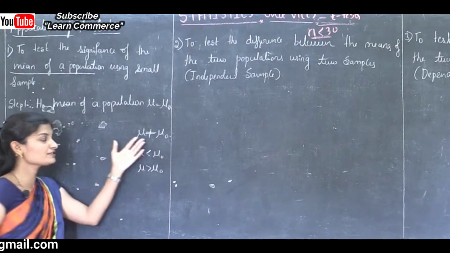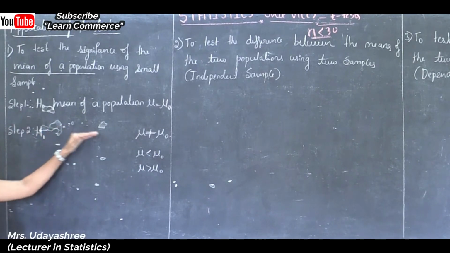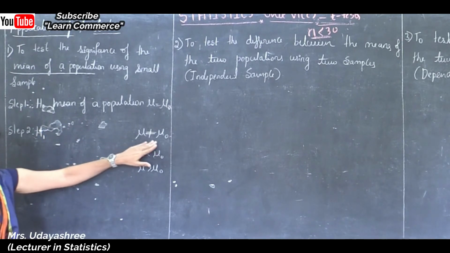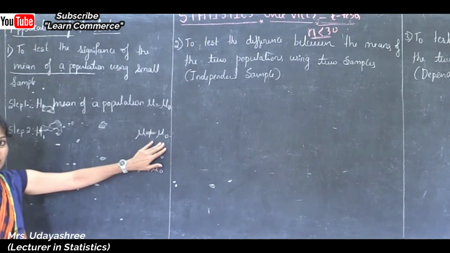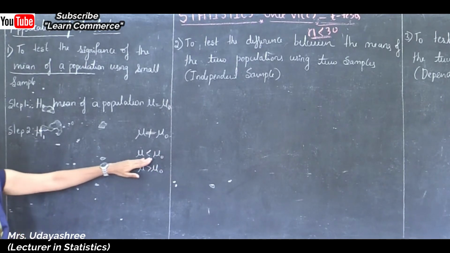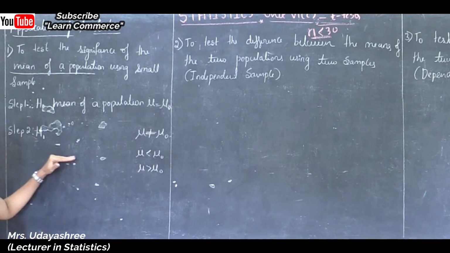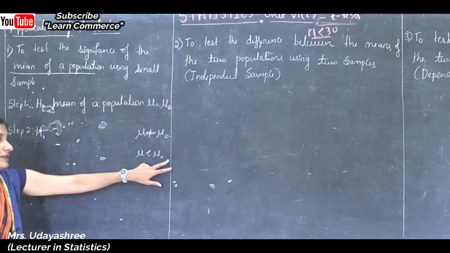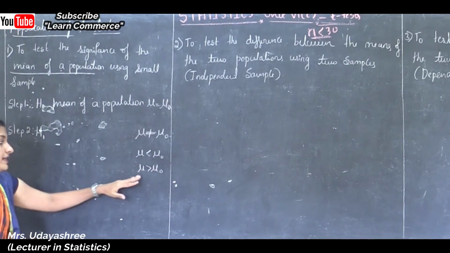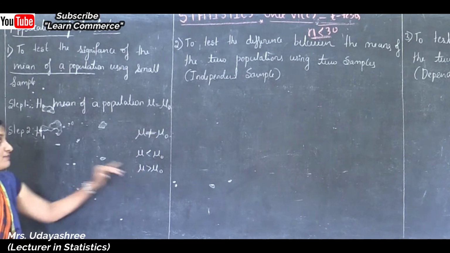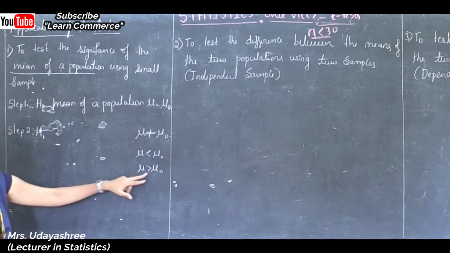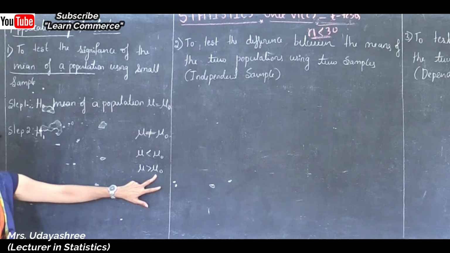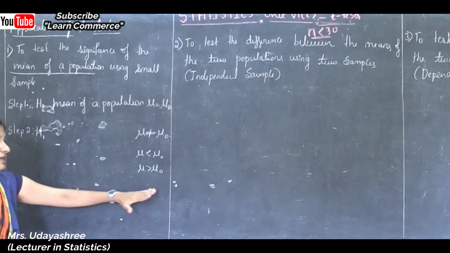Not equal means the mean of the population is not equal to the given value for testing. Less than means the mean of the population is less than the given value, and greater than means it is greater than the given value.